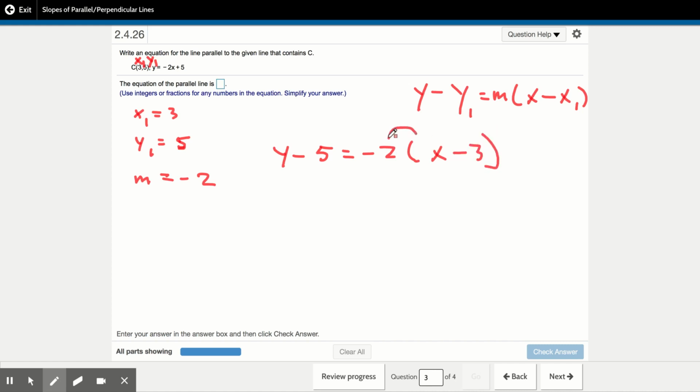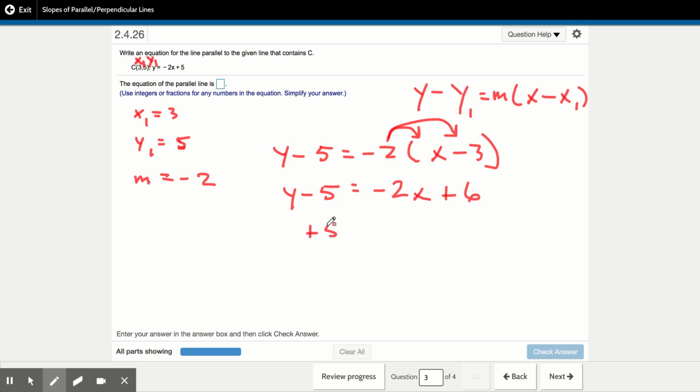From here, I distribute the -2 to both terms, and I'm left with -2x plus 6. The reason why it's plus 6 is because -2 times -3 gives me a positive 6.